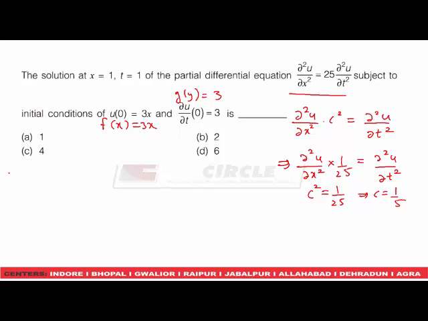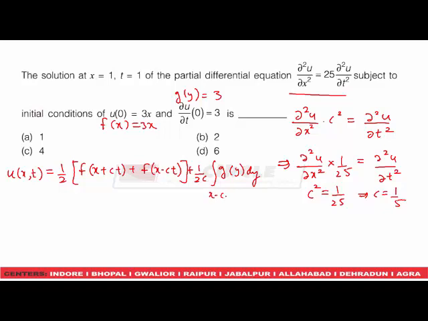Now applying the D'Alembert solution for the wave equation, u(x,t) will be equal to half of f(x plus ct) plus f(x minus ct), plus 1 by 2c integral g(y) dy with limits x minus ct to x plus ct.